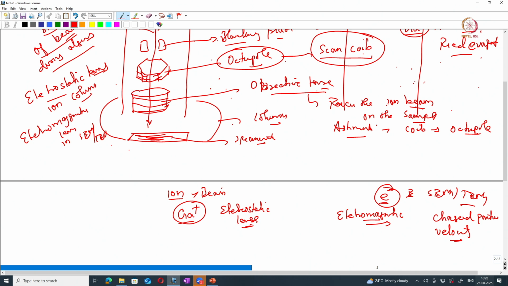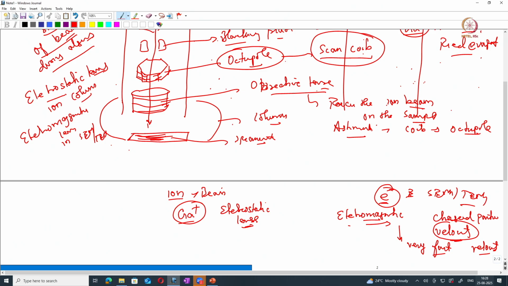Electrons travel very fast, their velocity is very high, and the force exerted on the electron by the electromagnetic lens is directly proportional to the velocity of that particular electron.